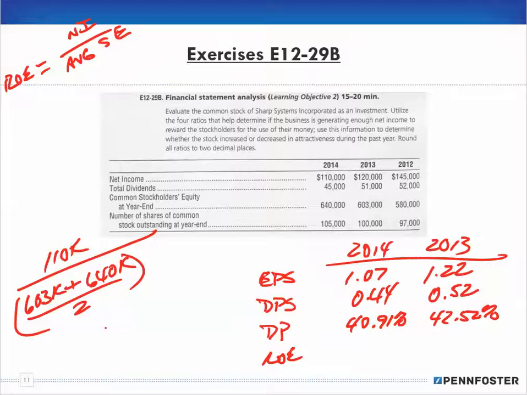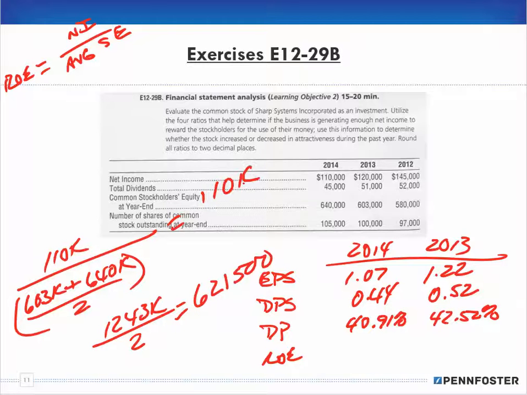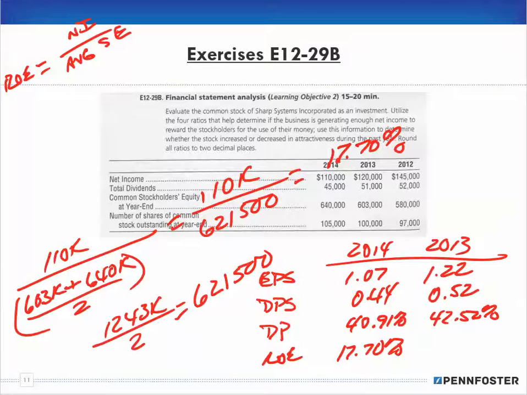So I end up with 1,243,000 divided by 2, which gives me 621,500. So I have 110,000, and I'm dividing by 621,500, and that gives me 17.7%. Okay, pause the video because I'm going to erase this.